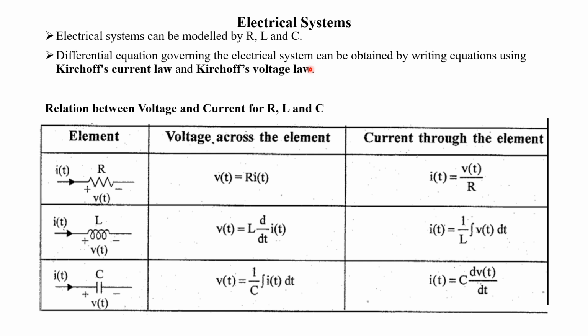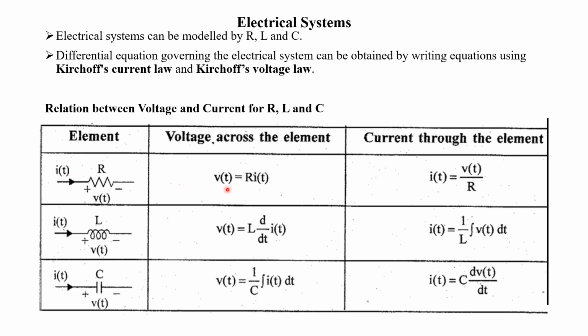These are the different elements used to model the electrical system. The first element, the resistor, is represented like this, and the voltage drop across the resistor is V of t equal to R into I of t. The voltage drop across it is V of t and the current flowing through the resistor is I of t.